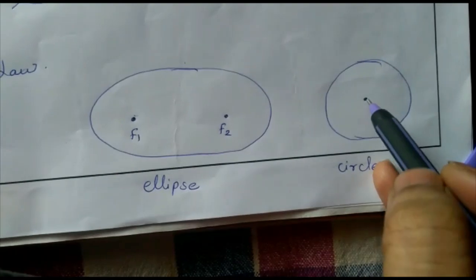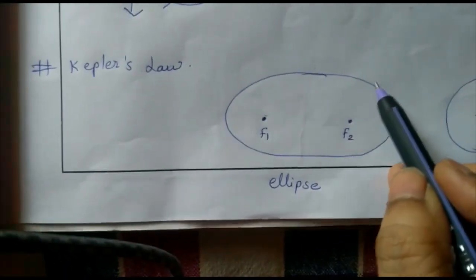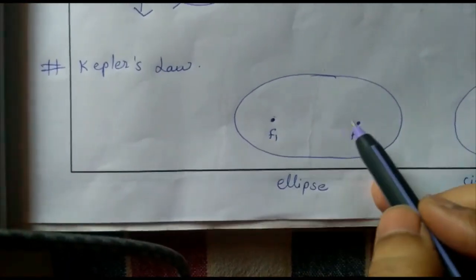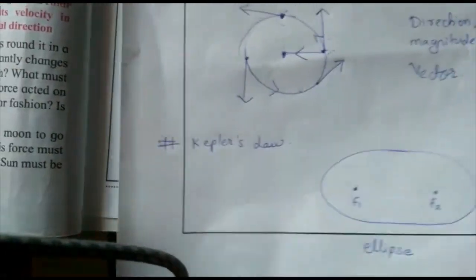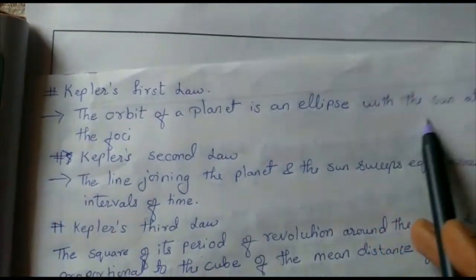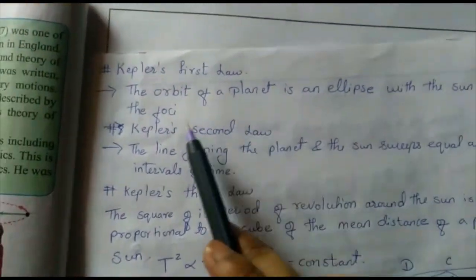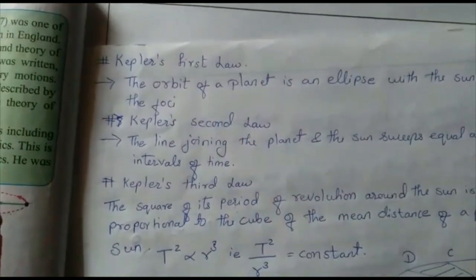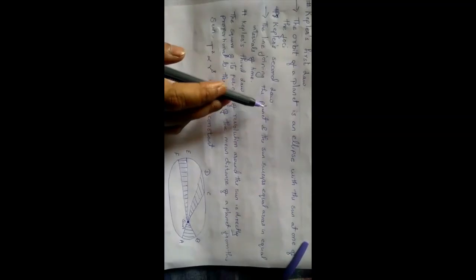Just as the circle has one center, the same way an ellipse has two foci. So Kepler's first law tells that the orbit of a planet is an ellipse with the sun at one of its foci. Now Kepler's second law.